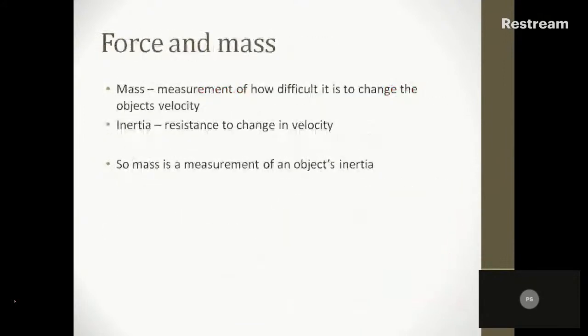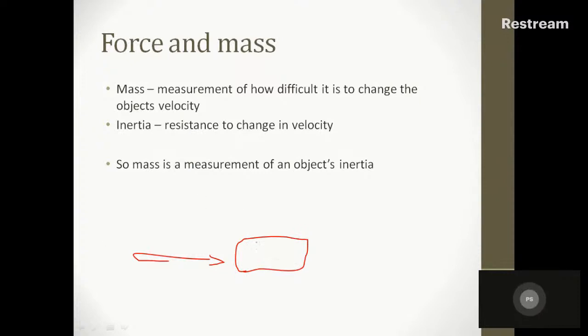What is mass? Measurement of how difficult it is to change the object's velocity. For example, this is an object, and we measure how difficult it is to change its velocity.